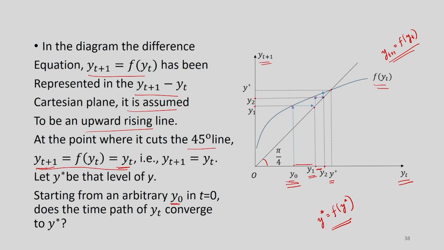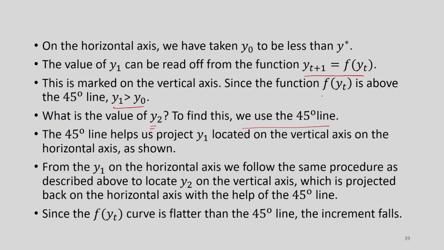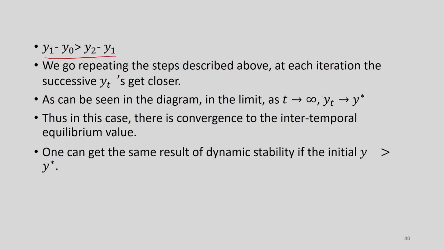First you go here, then you go here, and like this you ultimately reach y star. So, these are the arrows one can draw to show how the path is demarcated. So, in this case there is actually dynamic stability. Thus, in this case there is convergence to the intertemporal equilibrium value. As t goes to infinity, yt actually tends towards y star.